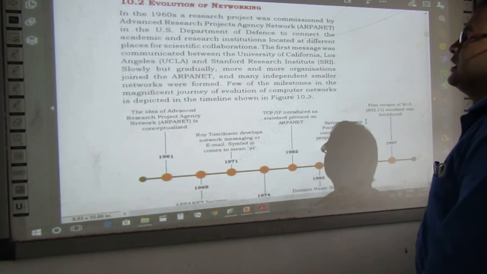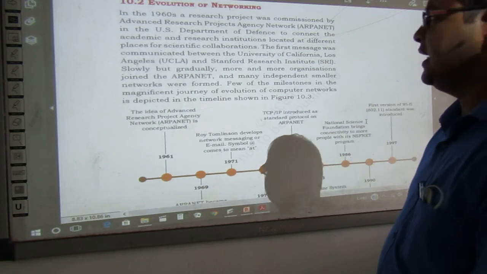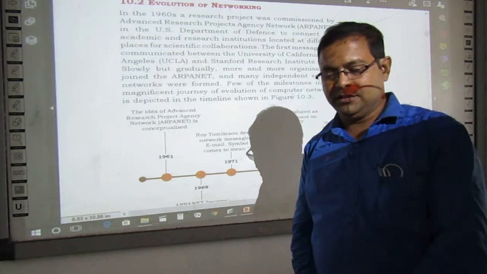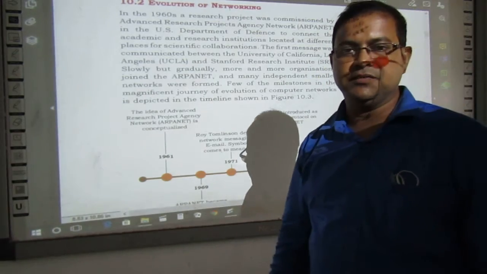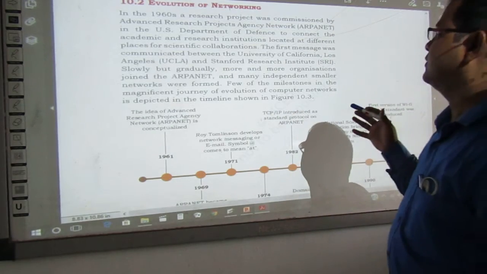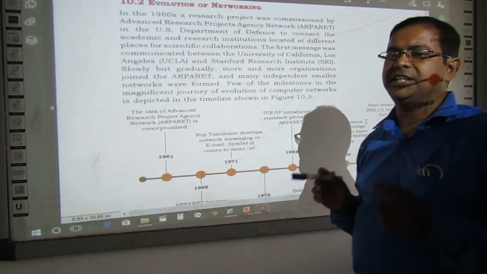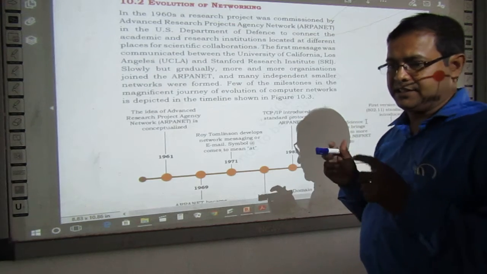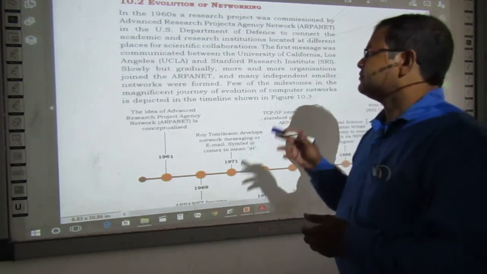Evolution of network. In 1960, a research project was commissioned by ARPANET. ARPANET belongs to the US Defense Agency, and they did research to communicate between different organizations through computers.